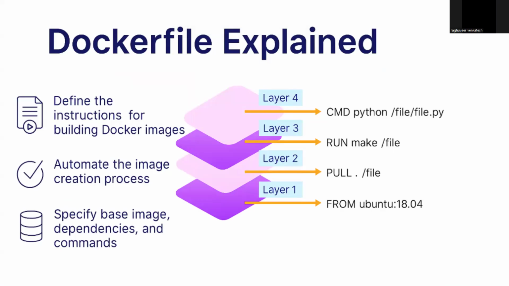Docker uses the Dockerfile to build your images. It's like if you have Visual Studio and you're executing a simple Python file. So how do you do the same thing in Docker? What you would do is first you would need something like a base image.